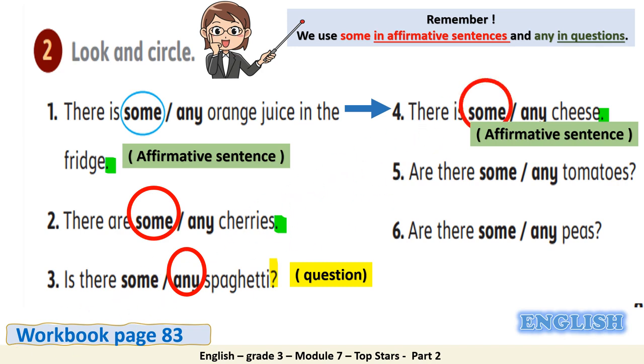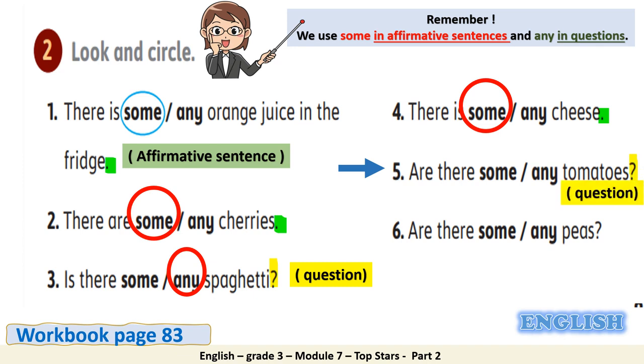Excellent. Some. There is some cheese. Number 5. A question mark. It's a question. And in questions, we need to choose any. Very good.